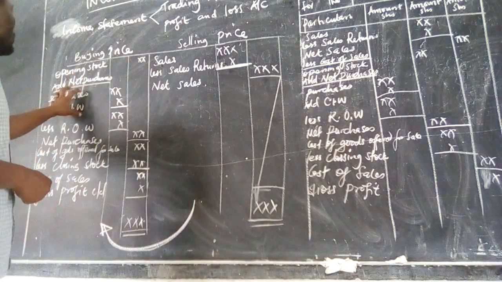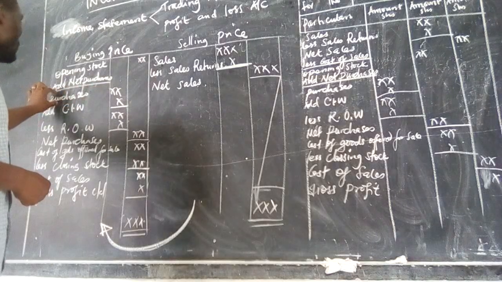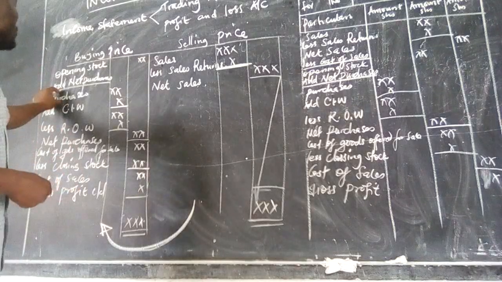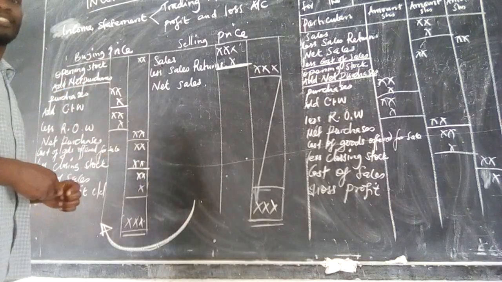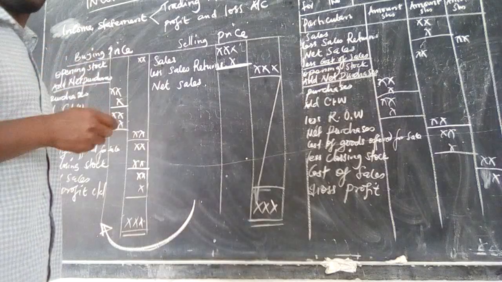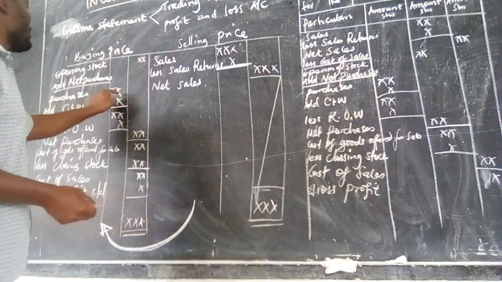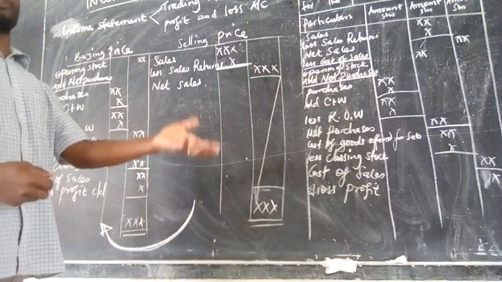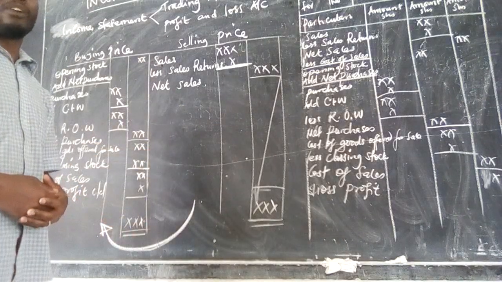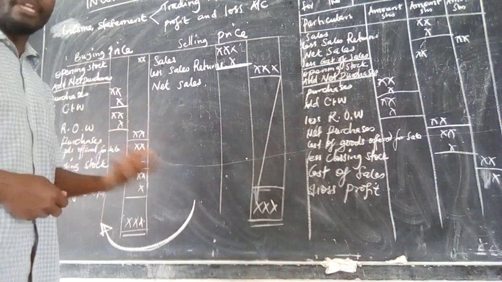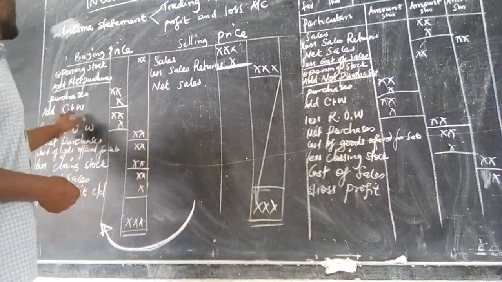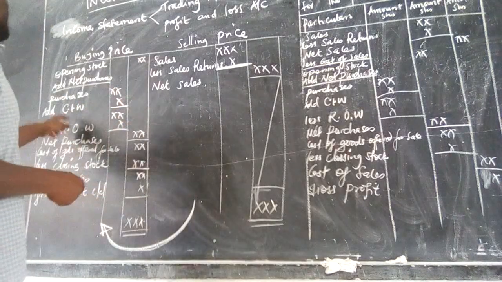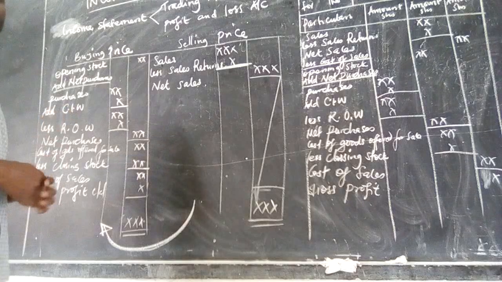When you go to buy, the actual value for the goods is what we call purchases. The actual value for the goods bought for resale, those are purchases. However, those goods are not just going to be transported in air or without using any means of transport. So the payment given to the means of transport is what we call the carriage inwards.